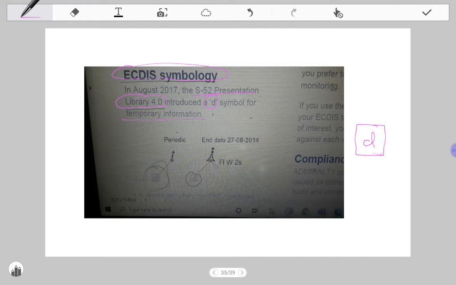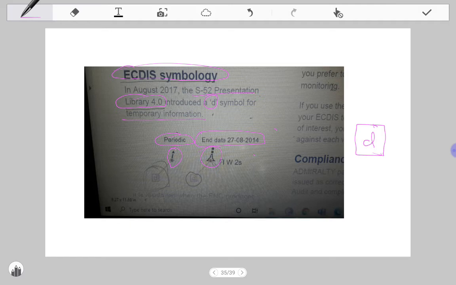The purpose of this D symbol is to inform the navigator that the temporary information applies only for a limited period, with a start date and end date.